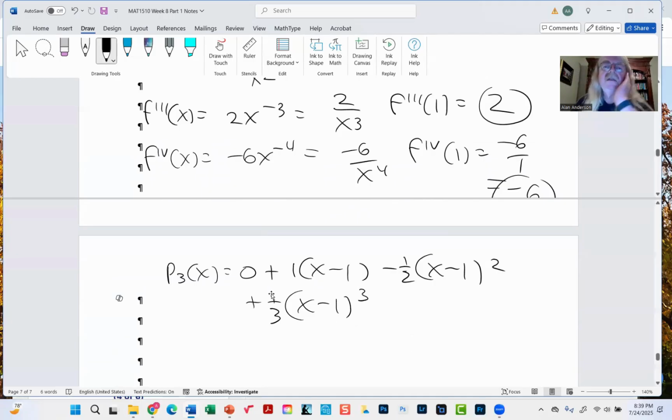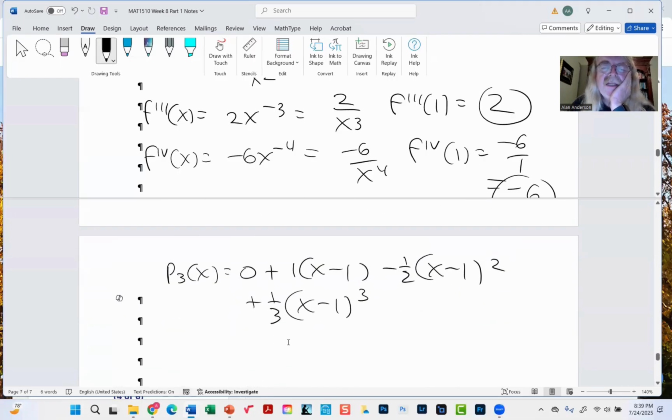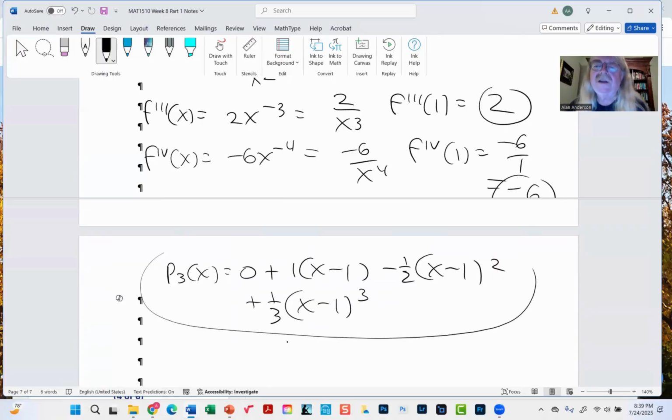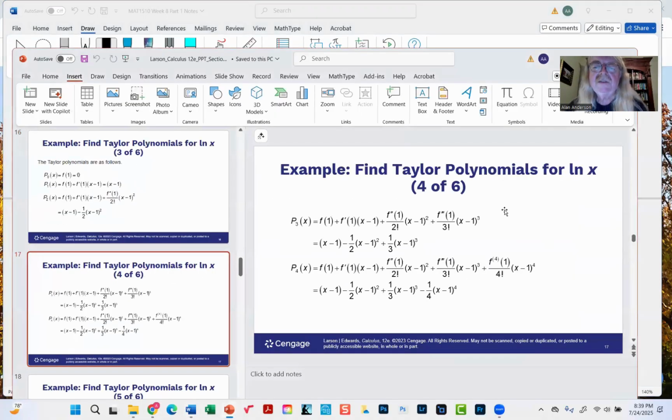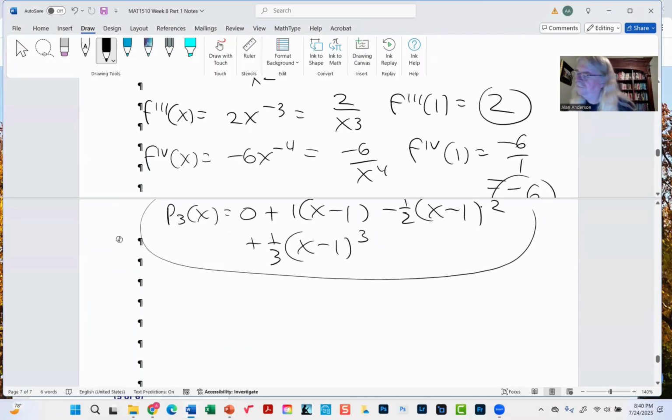All right. So that would be the last term. And so this is our third order polynomial. You can see it's getting very, very messy. So it's the same one, except at the end we have 1/3 x minus 1 cubed, and then finally P4 of x.